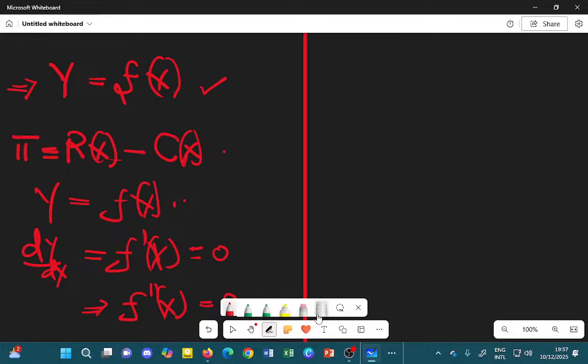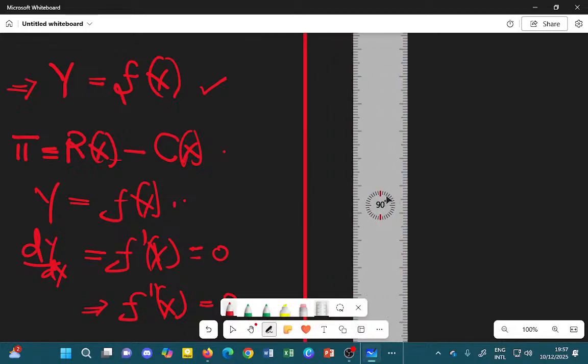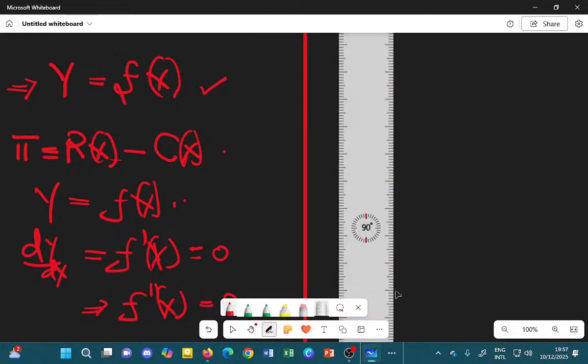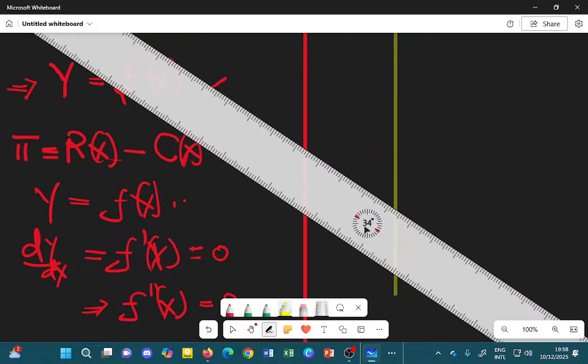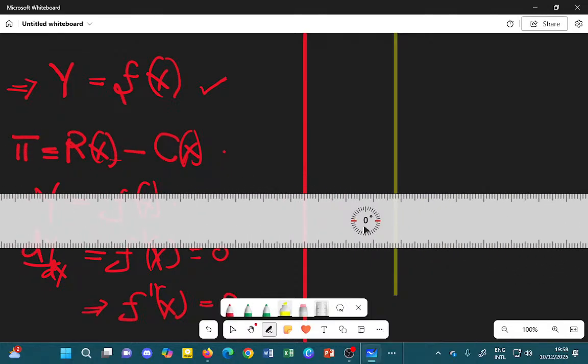So here I come, and now I'll bring my ruler here. And in this case, what do I use? Let me use this. Now I'm trying to draw the two so that it's clear.